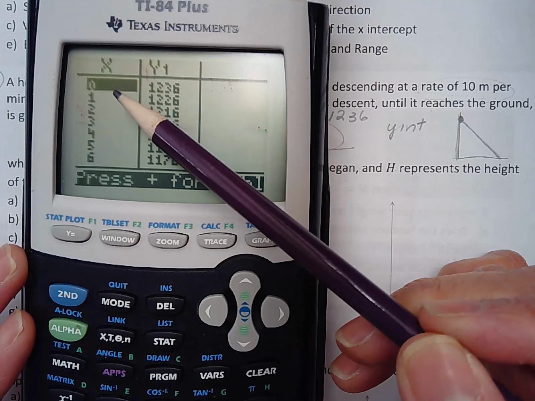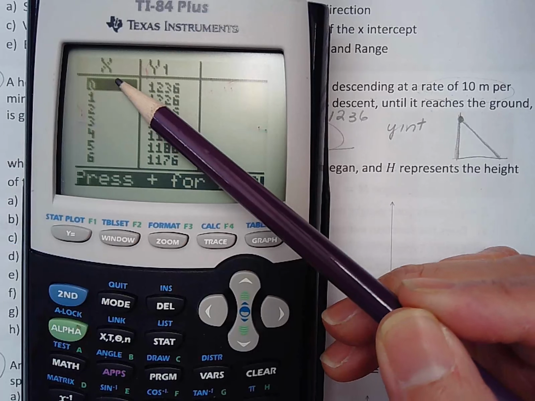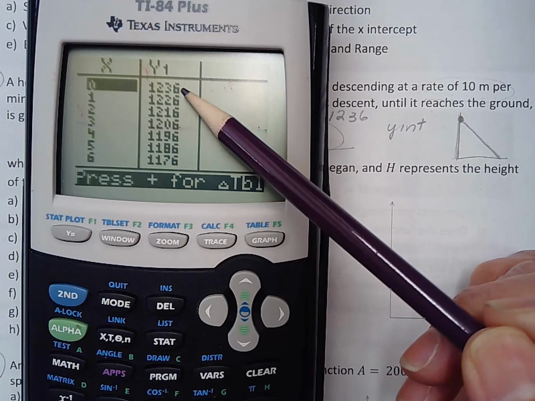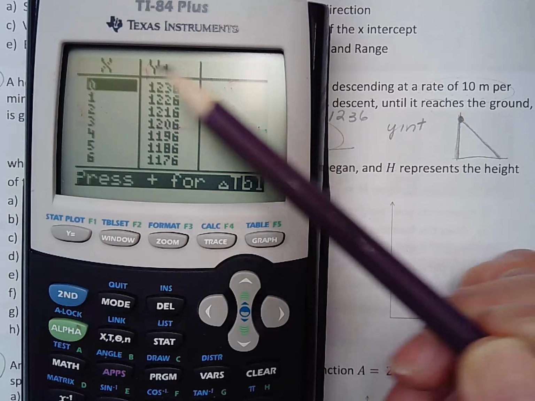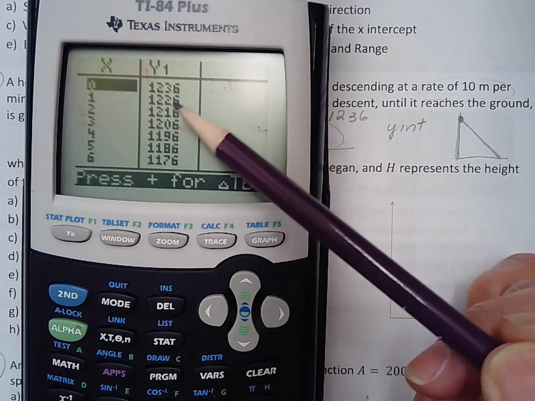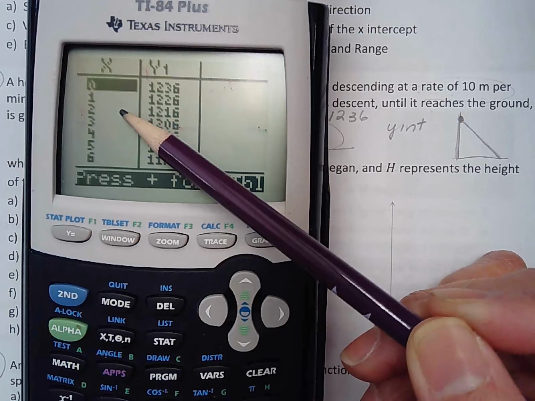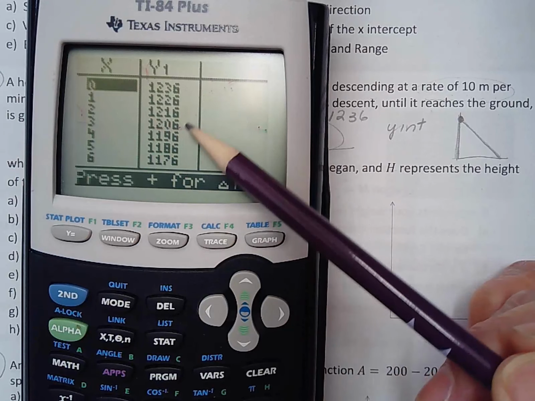From 0 minutes, height is 1236 meters. Okay. After 1 minute, the height of the balloon is 1226. 2 minutes, 1216. So as you can see, it keeps going down, right?